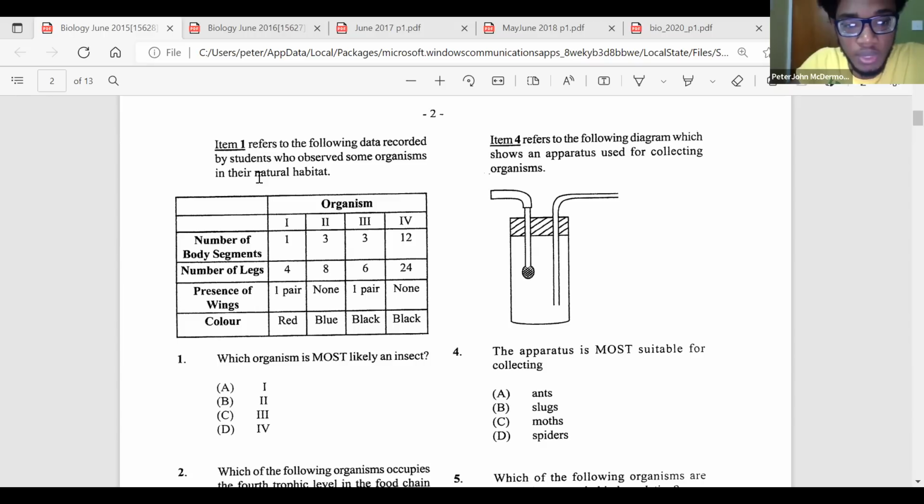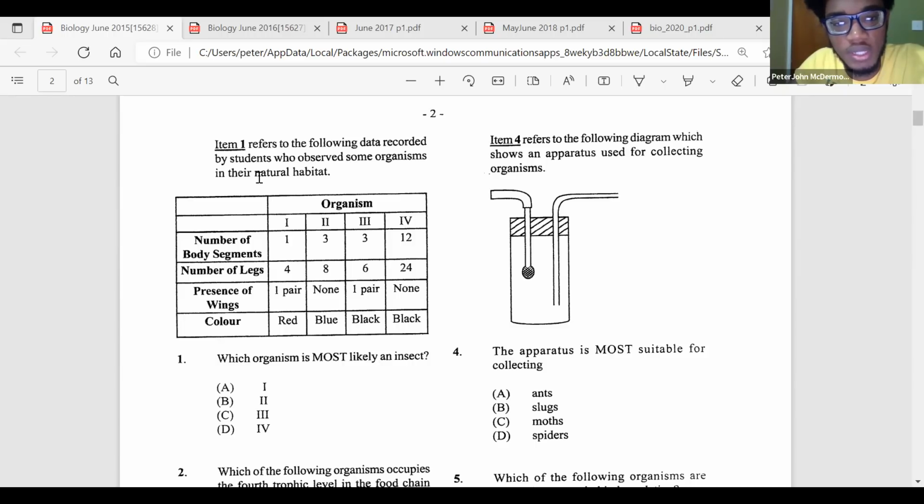Okay, so they asked which organism is most likely an insect. So what are the characteristics that they gave us? Number of body segments, number of legs, presence of wings, and color. How many body segments do we typically know insects have? For insects, typically 1 to 3.